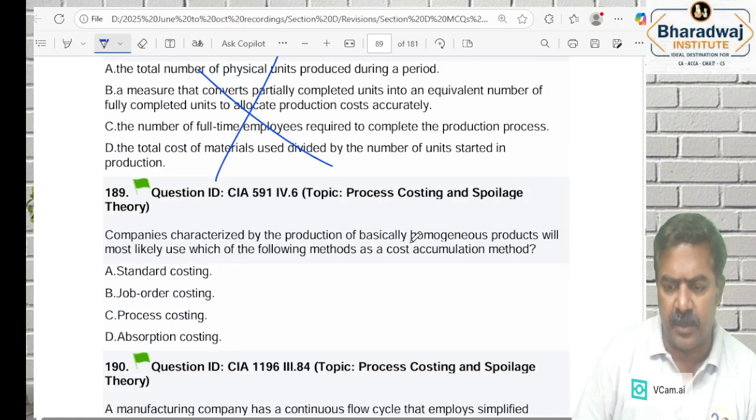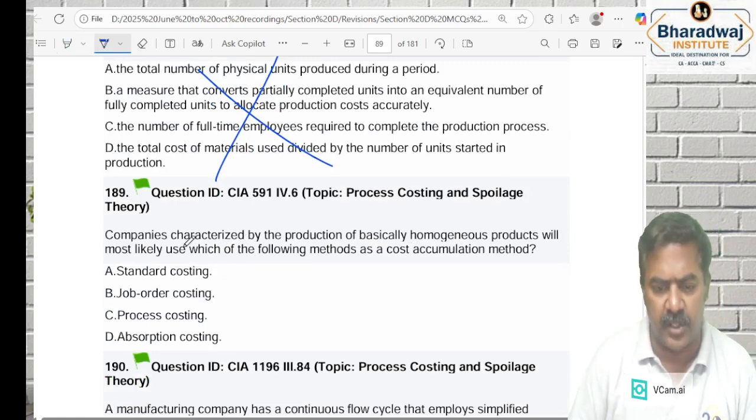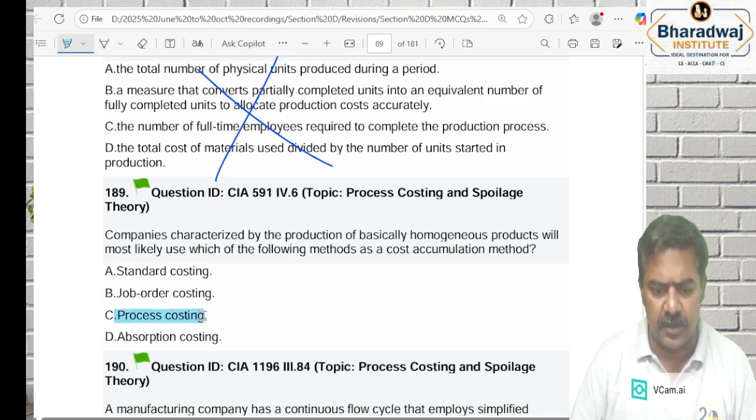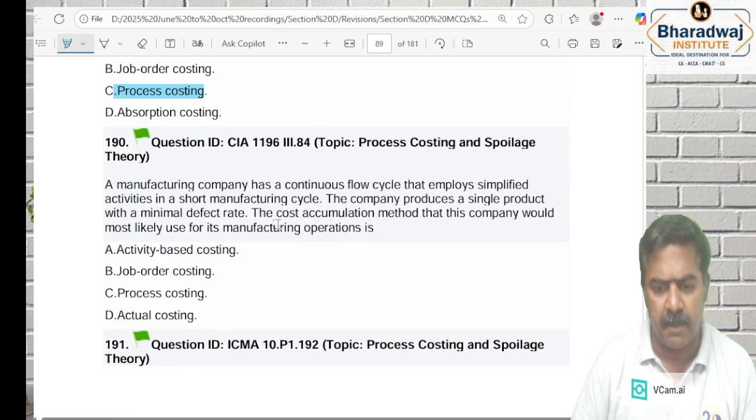Companies characterized by production of basically homogeneous products will most likely use which of the following methods? Process costing. What do you mean by homogeneous products? Same products. Same products, they will apply which method? Process costing system.